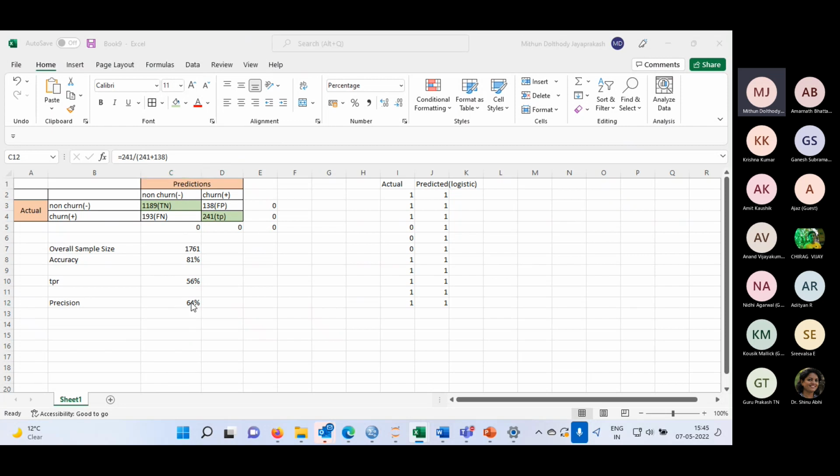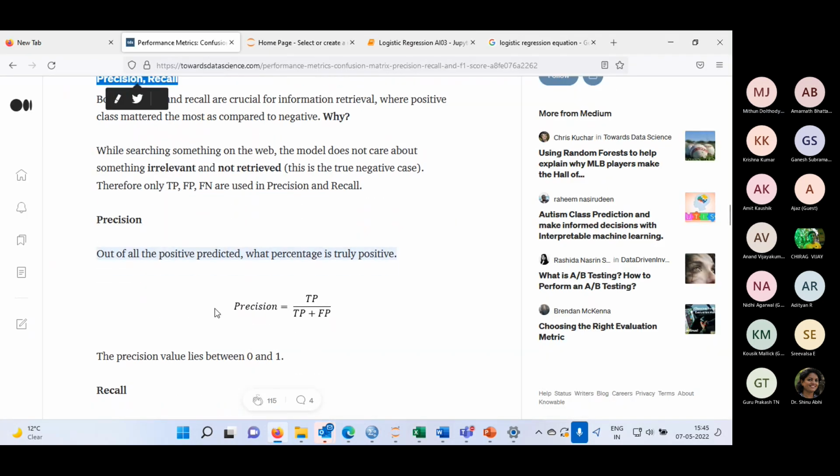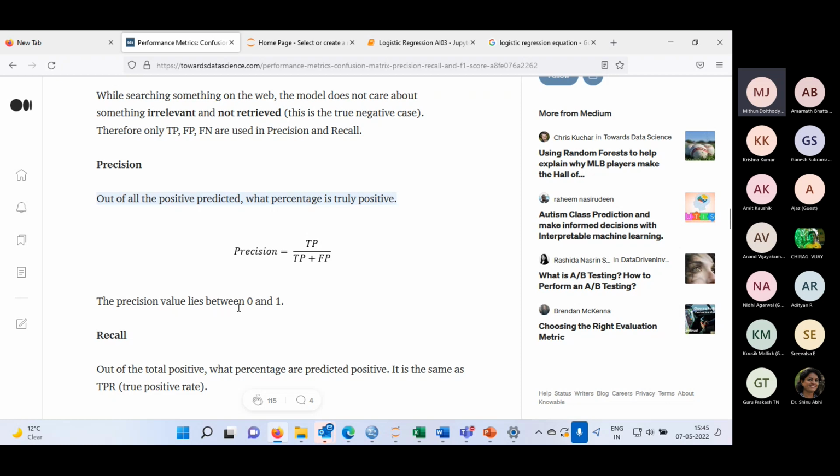Now, where is precision to be used, guys? Where do you think I need to use precision? In medical analysis, like analysis for COVID or non-COVID from images, which are very crucial. Yes, wherever you want to penalize false positives, that's when you need to use precision.